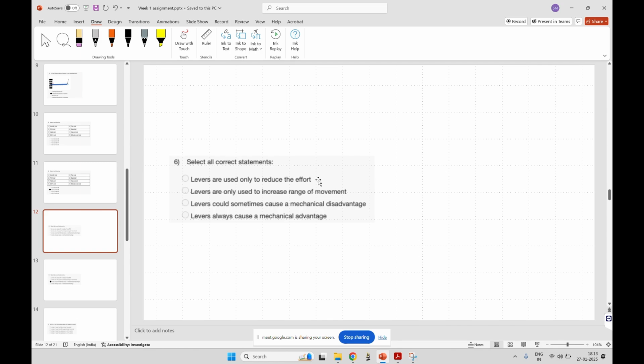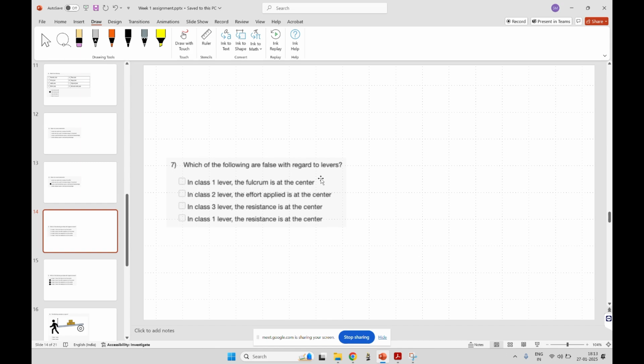It's a compromise between the range of movement and speed and the mechanical advantage or the effort. So the correct answer is levers could sometimes cause mechanical disadvantage. They don't always cause mechanical advantage.